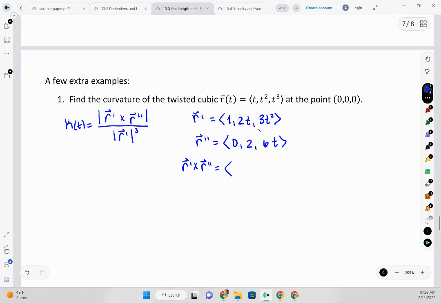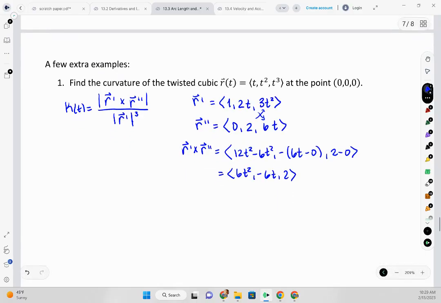We'll get 12t squared minus 6t squared. And then I have 1 times 6t, so 6t minus 0. And then I have 2 minus 0. This simplifies to be 6t squared, negative 6t, and 2.